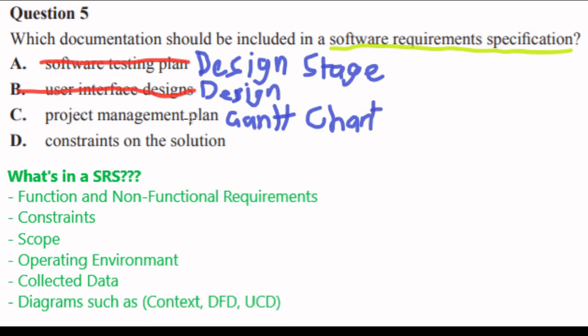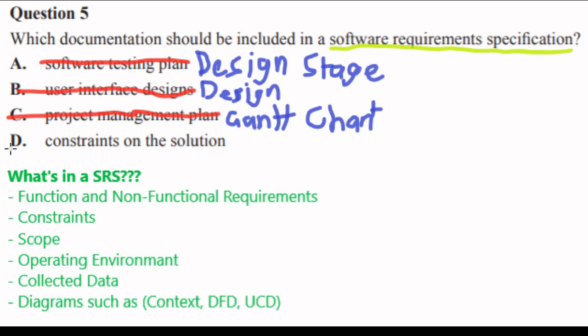So before we even start our SRS, the Gantt chart should have already been completed, or at least the outline of it, because we'll be annotating that as we move on for our project. But it's typically not included in our SRS. So we can cross that one out.